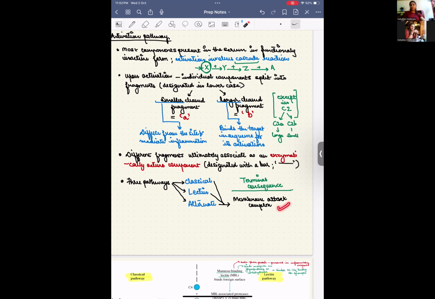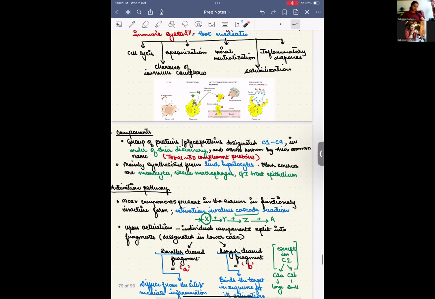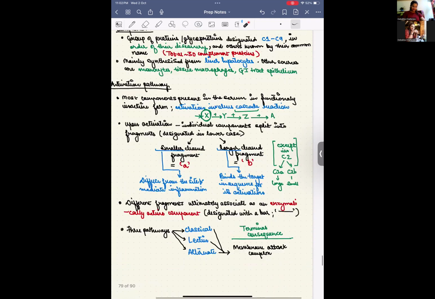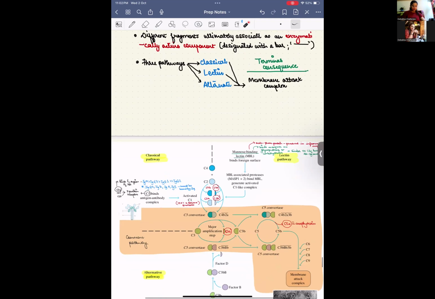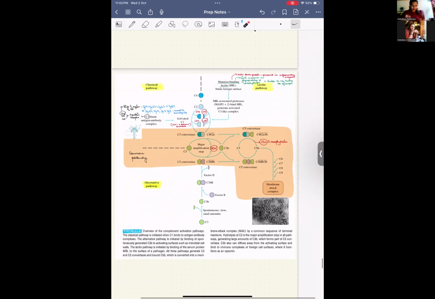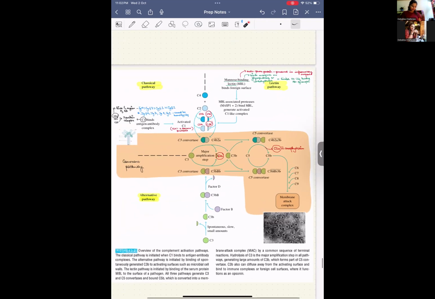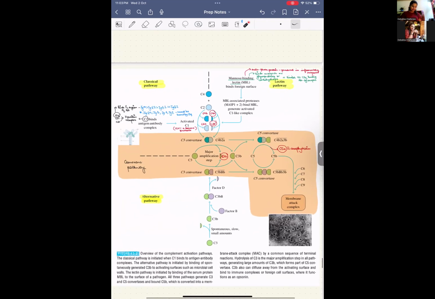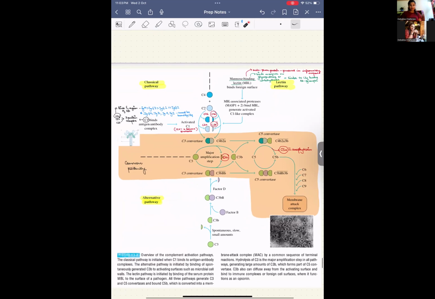And as the name suggests, with a membrane attack complex, something goes wrong with the membrane of the target cell, and eventually the cell is triggered for lysis. Okay, a little complicated to look at, but we'll try to simplify it so that it's easier for you to memorize.